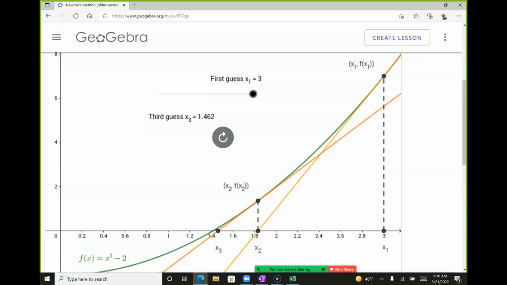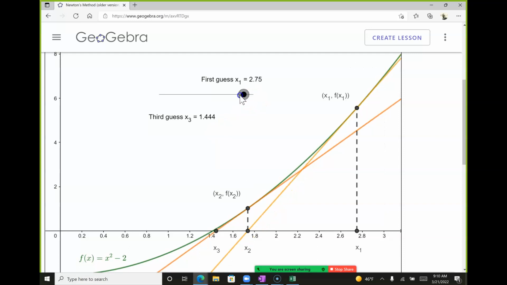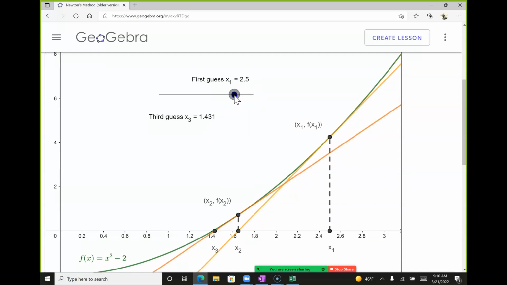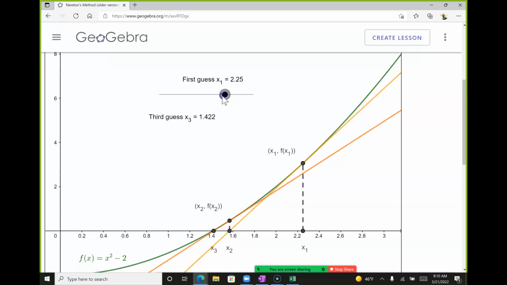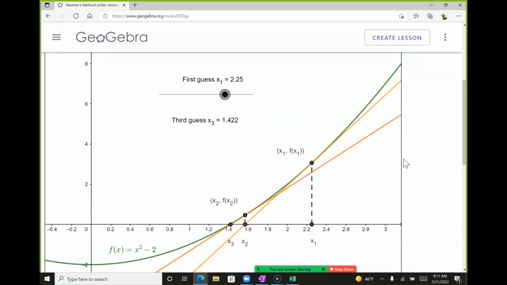So you can see it's kind of nice that it's giving me all of those things. I don't know what this does. Oh, I guess I can adjust, right? So there's my first guess. And you can see if I make a better guess, I get a better result, right? So GeoGebra will give you a nice picture of things.